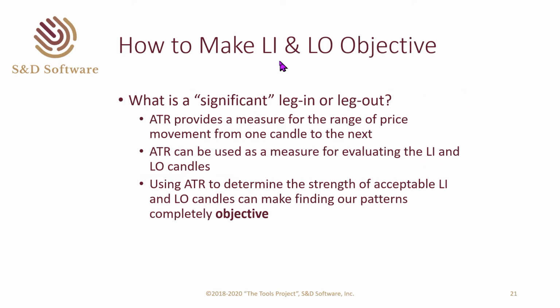As we look at how to make the leg in and leg out assessment objective, we've chosen the measurement of ATR, average true range. So we're looking at the range of price movement from one candle to the next, and we're using that measurement to evaluate the strength of the leg in and the leg out candles. And in doing so, we can make finding our patterns totally objective.